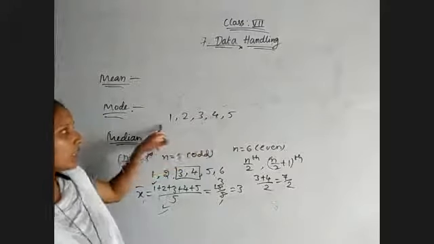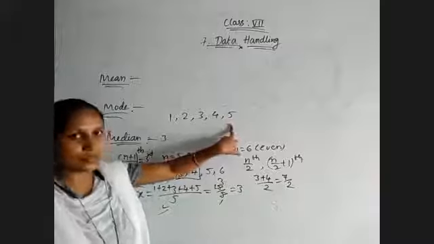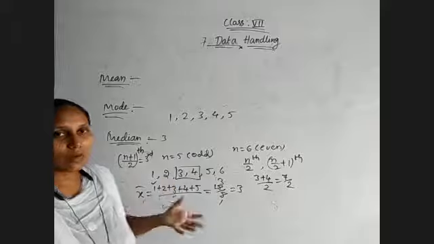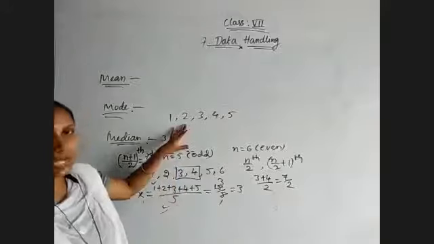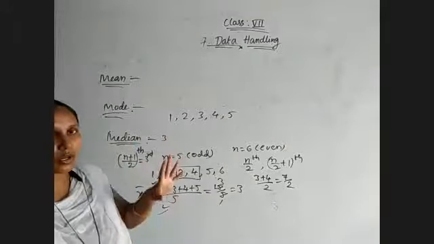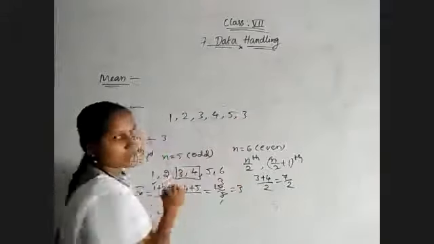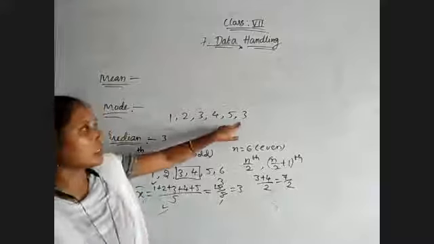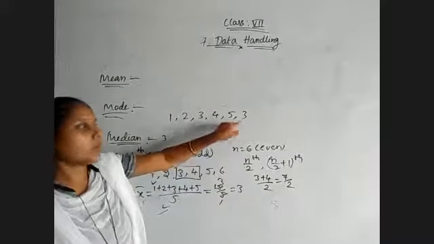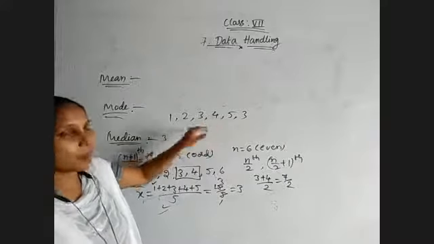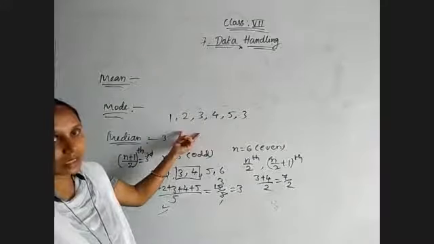Since every number occurs an equal number of times, there is no mode. So data may contain a mode or no mode, and sometimes 2 modes or more than 2 modes. For suppose I have 3 twice, then 3 came 2 times, so 3 is the observation occurring more times. That means the mode of the data is 3.